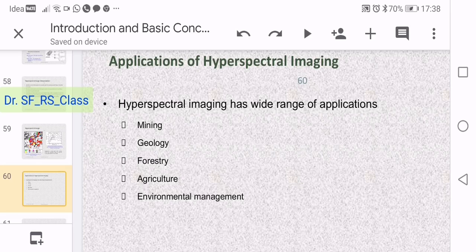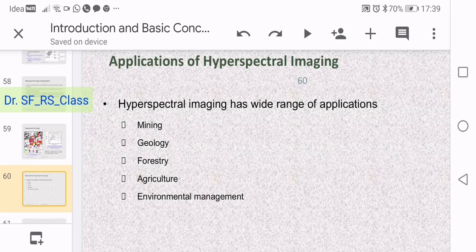In environmental management, aspects like the impact of climate change on vegetation can be analyzed. Different disaster aspects, like floods, can also be mapped.